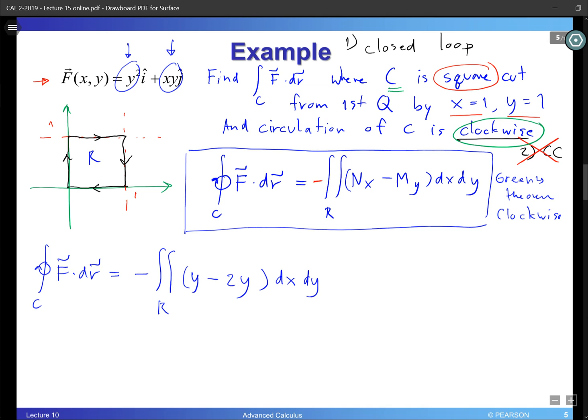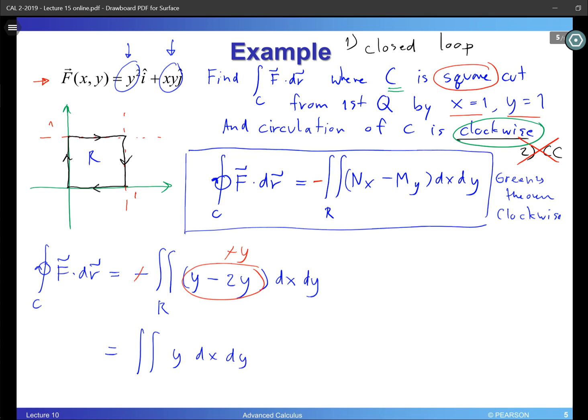Now you can see that inside here this becomes minus y. This chunk, minus y, is going to cancel with the minus in front. So in the end, this is equal to the integration of y dx dy over this region R. And now we have to perform these double integrals.